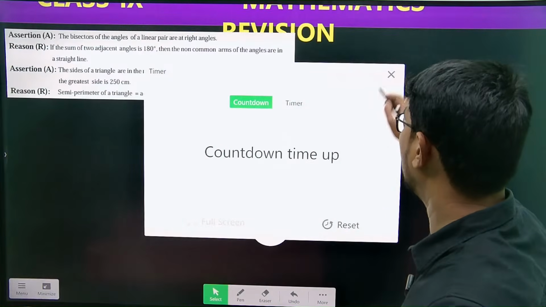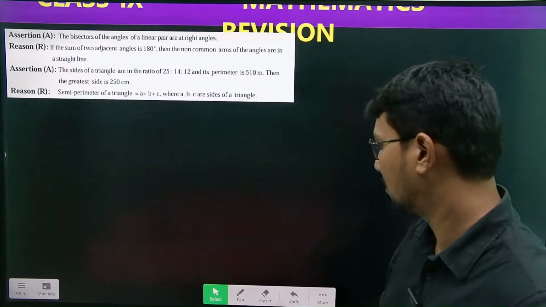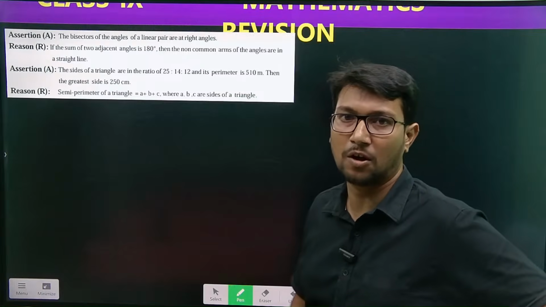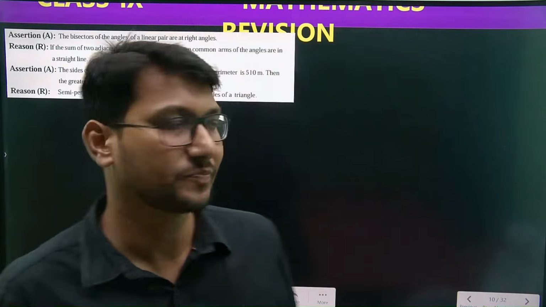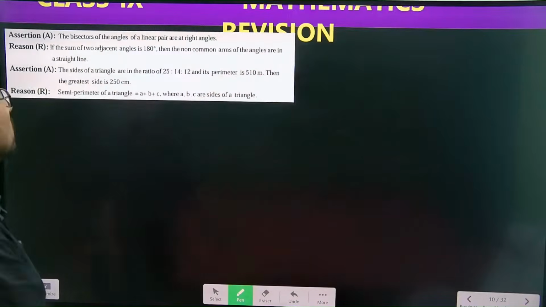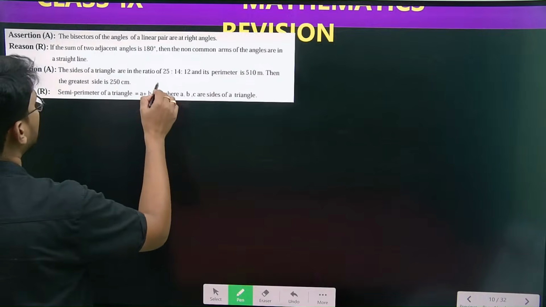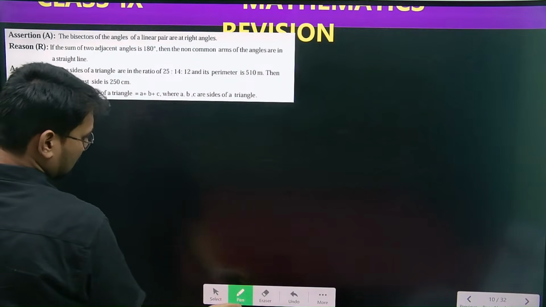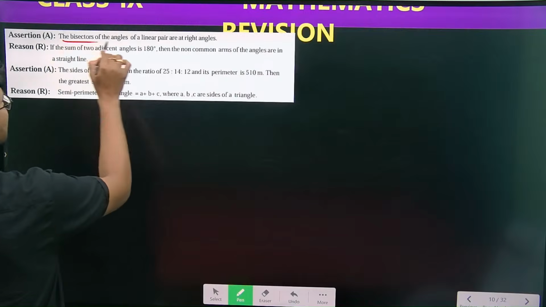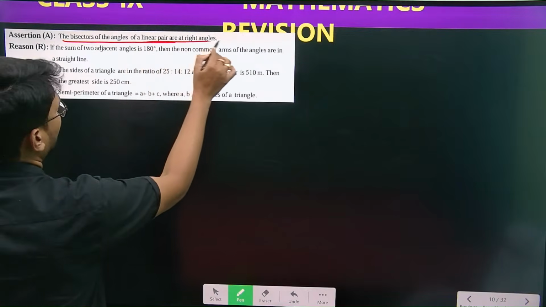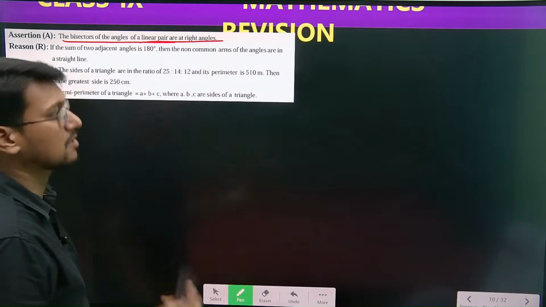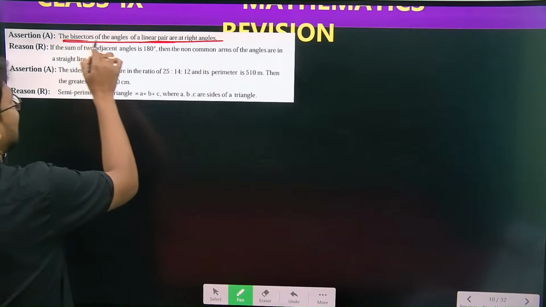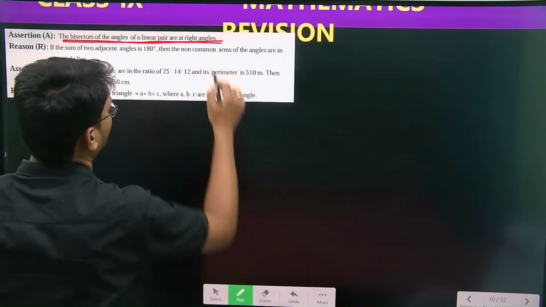Okay, time is over. Let me solve it. I hope the question is visible and all of you have read it completely. Now check the question given here. The bisector of the angles of a linear pair is at right angle.